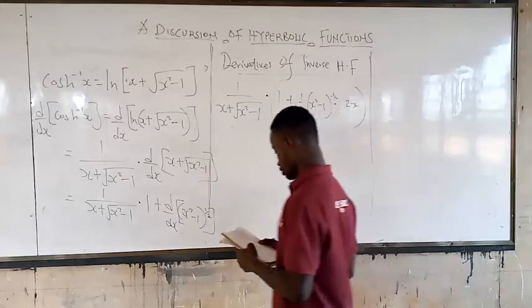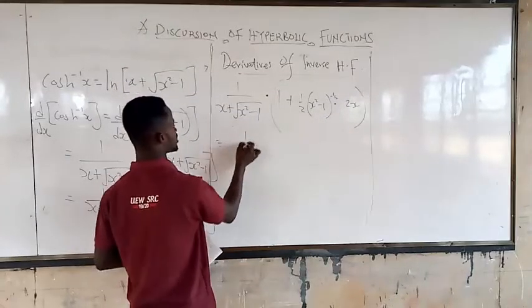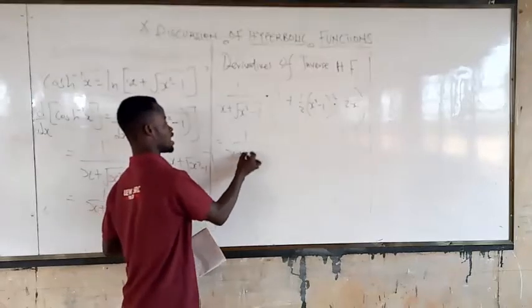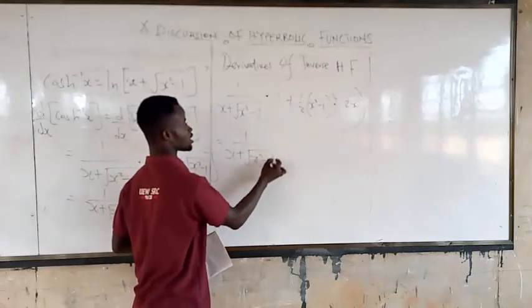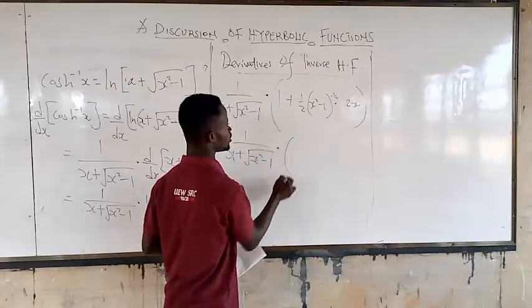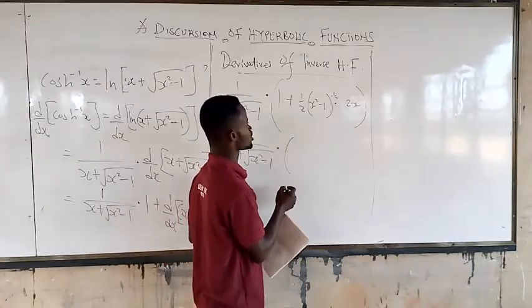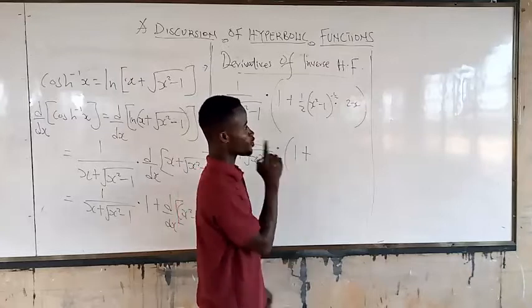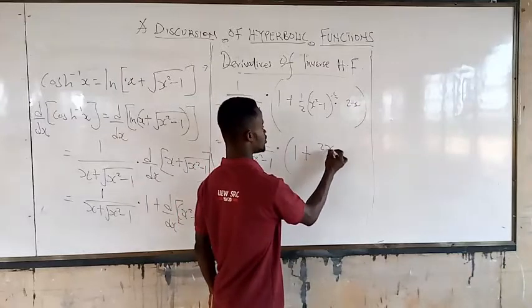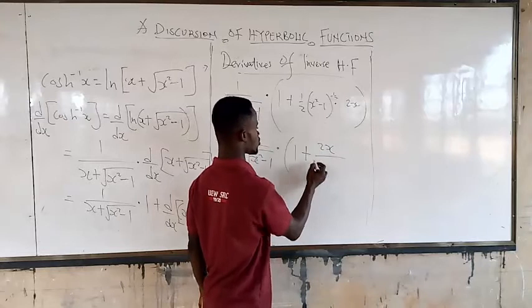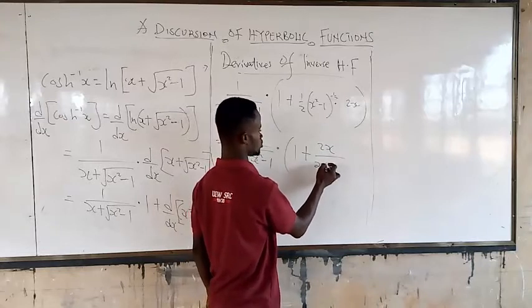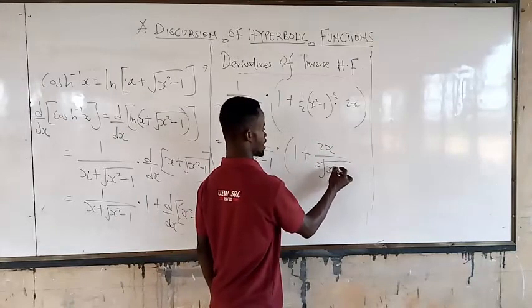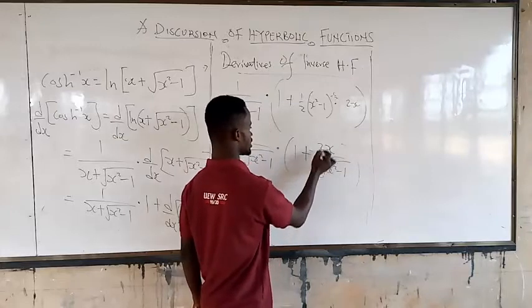Very good. The algebra 2 must be good. Here we are going to have 1 over x plus square root of x squared minus 1, multiplying by 1 plus, don't forget your algebra here, 2x over 2 square root of x squared minus 1, and this 2 will cancel this.